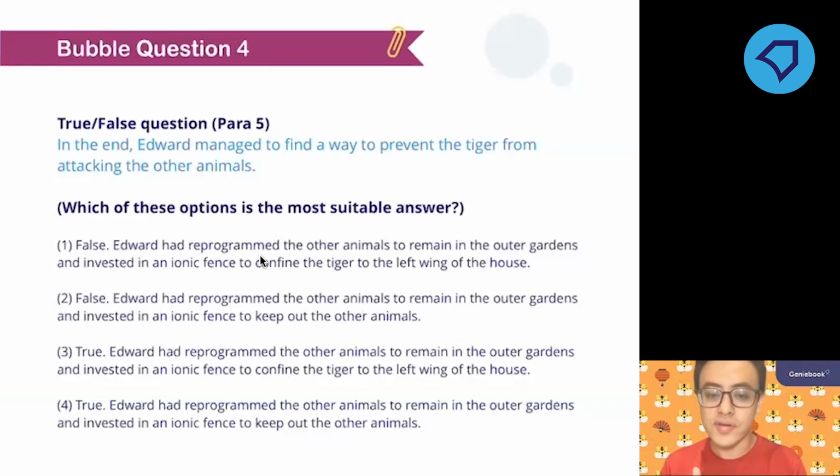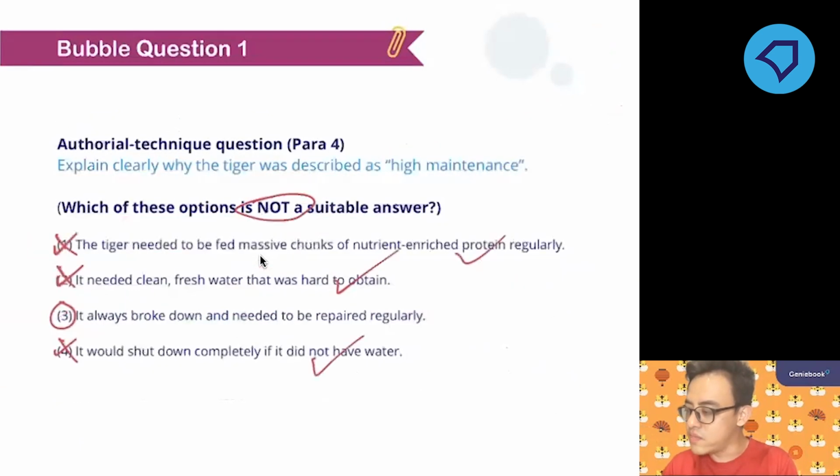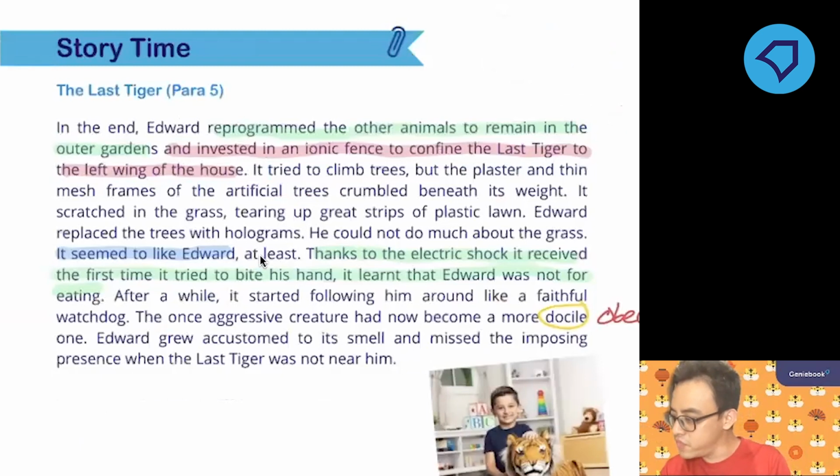This is where things get tricky, because number 4 is very similar to number 3. But here's what the ionic fence is. If we remember clearly, the reason I don't show you the text is because sometimes your memory is even more important than the text. If you remember very accurately, the part I highlighted in red, he invested in an ionic fence to do what?